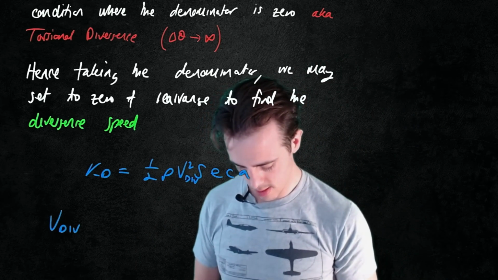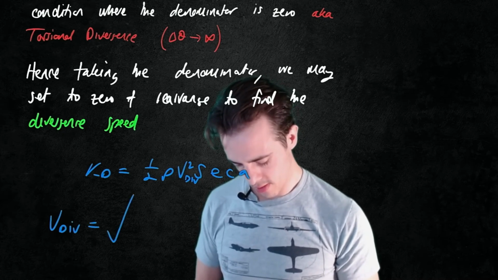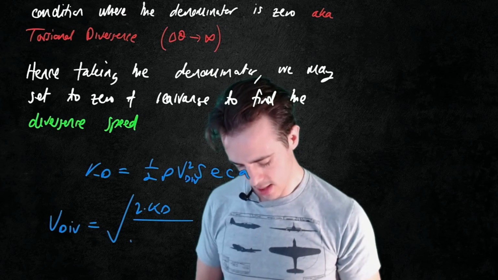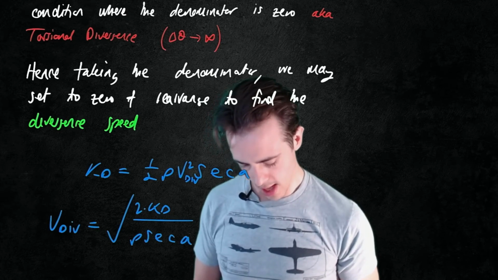Hence V div is equal to the square root of 2 multiplied by KD over rho S E C A.